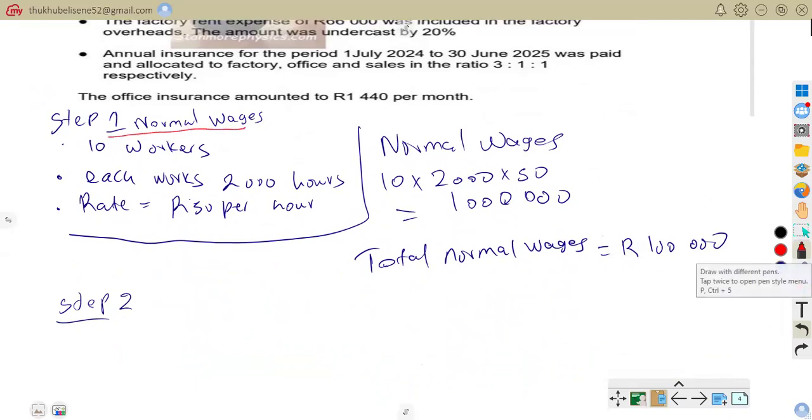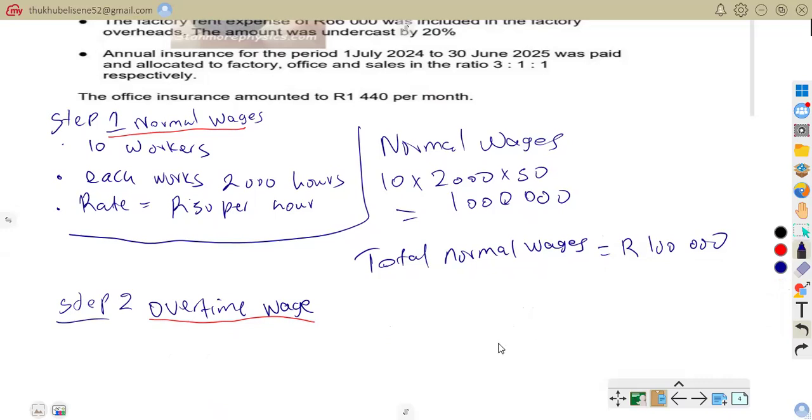So step 2, now we are going to look at what? Overtime. We want now overtime wages. So now let us be on overtime wages.